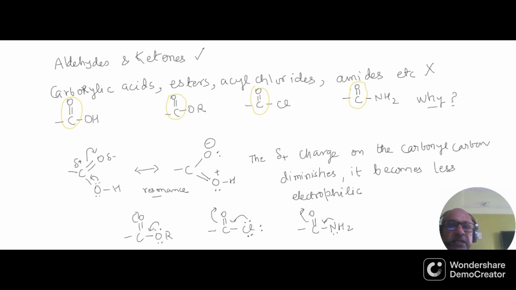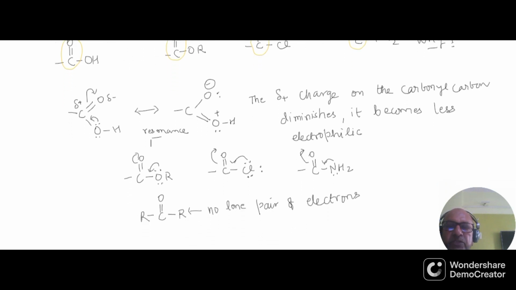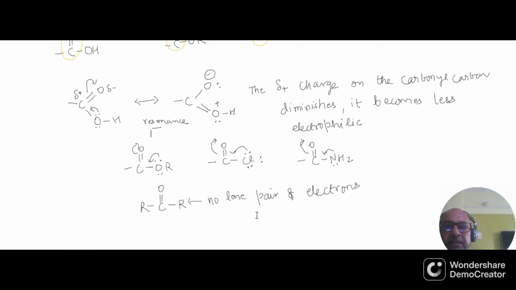Whereas if you consider the structure of aldehydes and ketones, then you find that the atoms which are attached to the carbonyl carbon do not have any lone pairs of electrons.